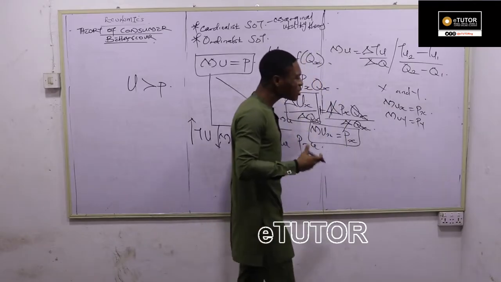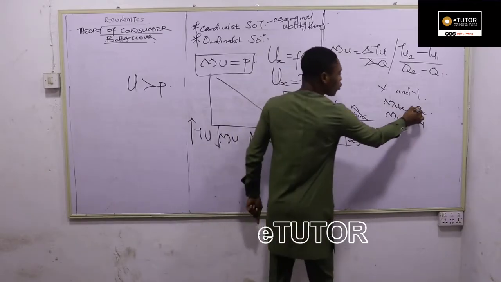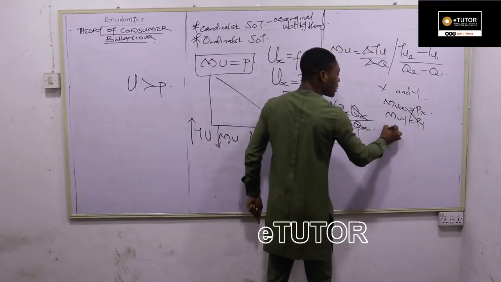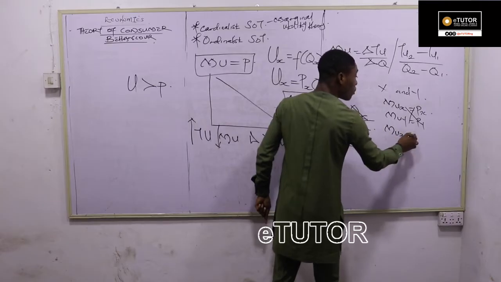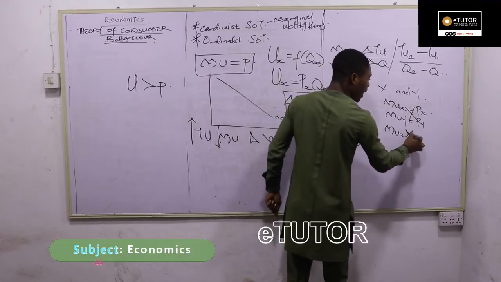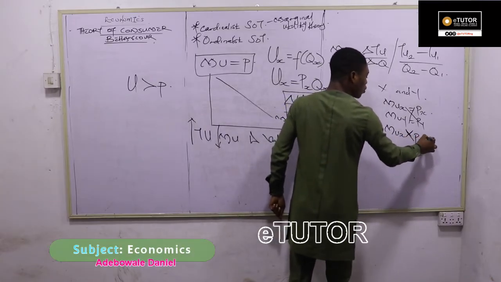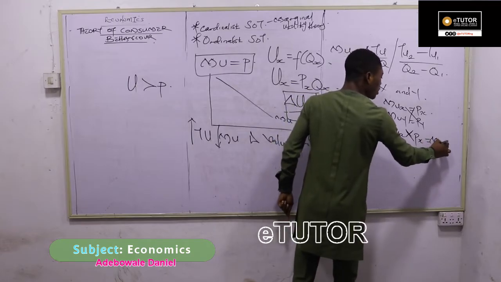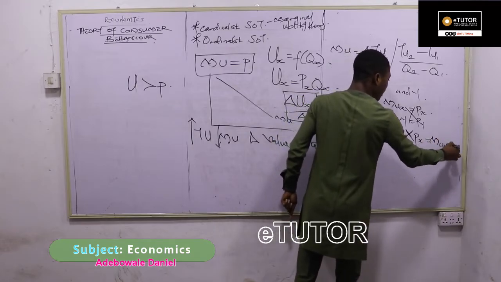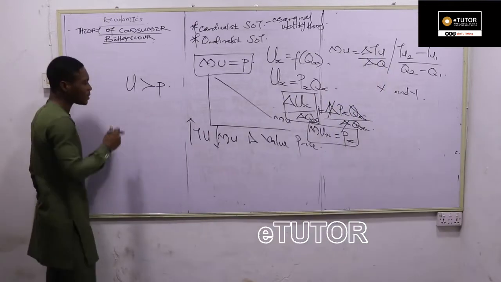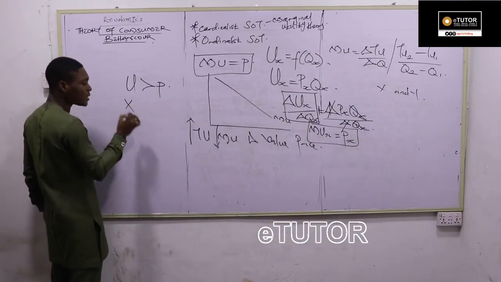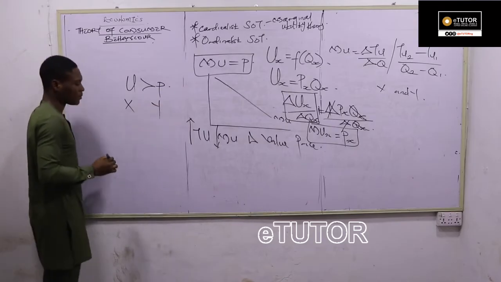Now the next thing to do is to cross multiply. When we cross multiply, definitely the marginal utility of x will be equal to the what? We multiply the price of what? Of x, while also the marginal utility of what? Of y, we multiply the what? The price of what? Of x. Items, let's assume commodity x and commodity y.